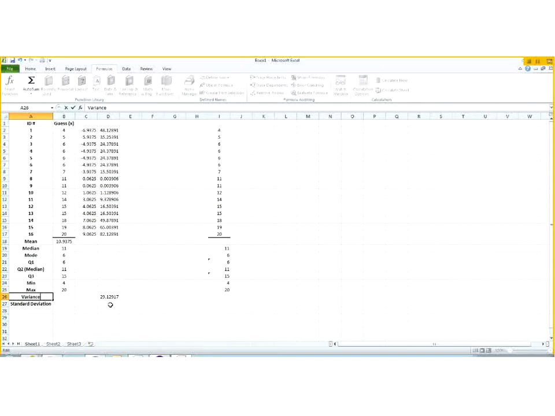Okay. To do the standard deviation, all I have to do is take the variance number and take the square root of it. Okay. So I'm going to push that. No, excuse me. I want to go to equals. So I need to put the formula into that box. Equals, and I'm going to do this.